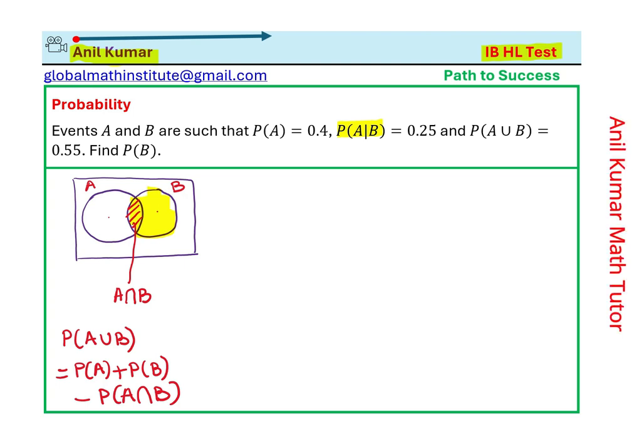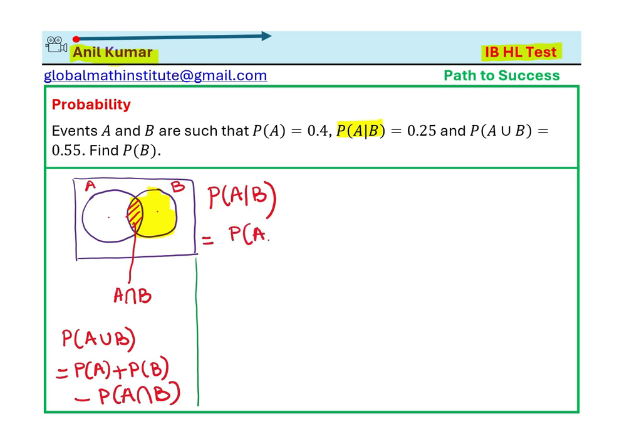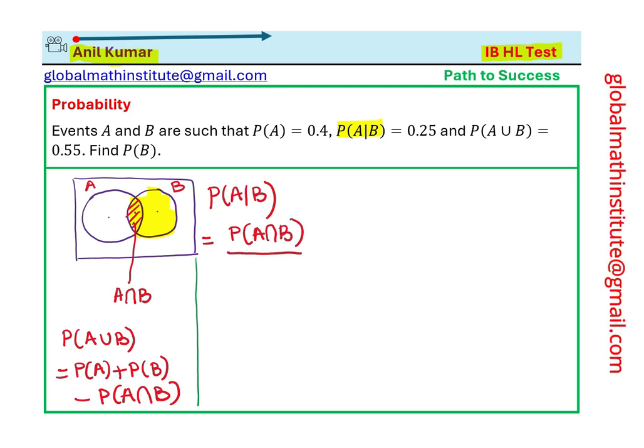The formula is: probability of A when B has occurred is equal to probability of A intersection B, which is this portion, divided by probability of B, since B has occurred. So it becomes easy to remember the formula.